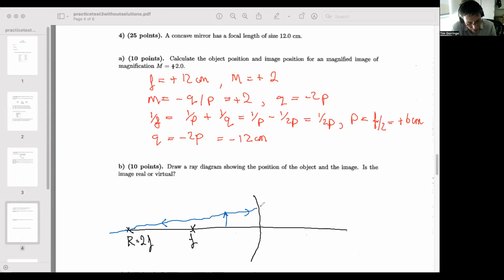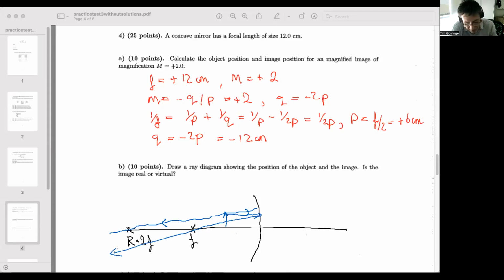Another pair of rays that we can draw are the rays that either go into the mirror parallel to the optical axis or come off the mirror parallel to the optical axis. Let's draw the one that goes in parallel to the optical axis. That's this ray here. That ray is reflected for a concave mirror through the focal point, and so heads down something like this.